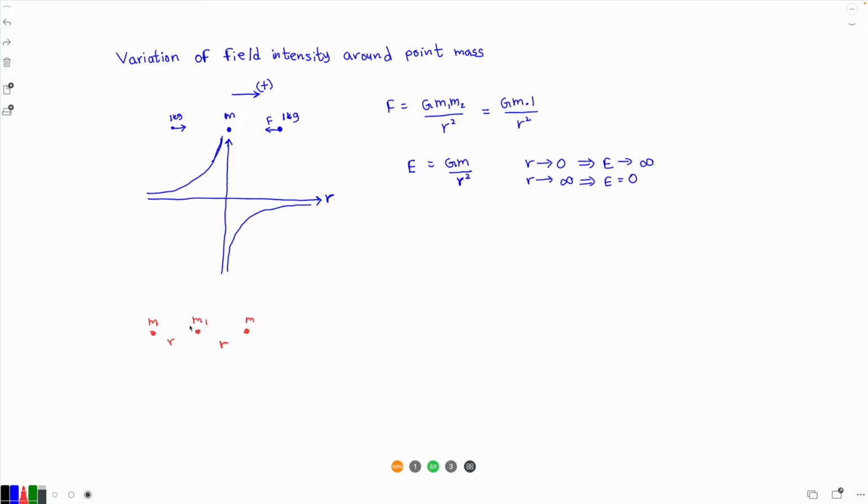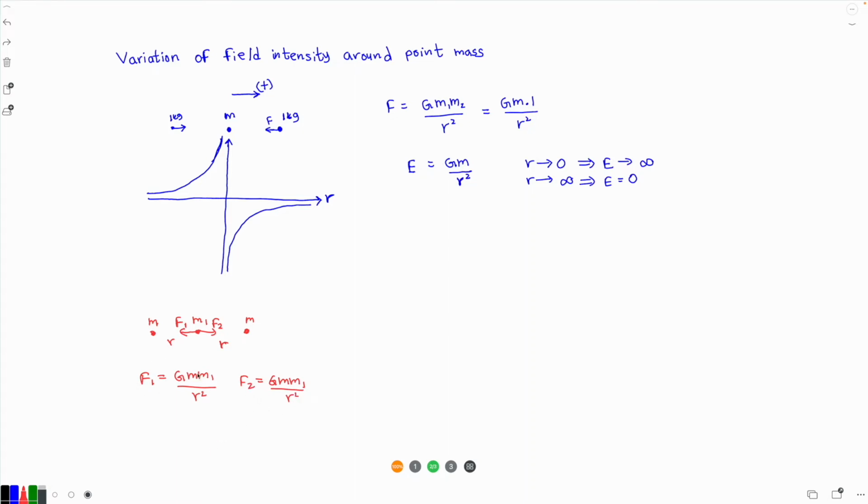Due to the left hand side mass, there is a force, and I am going to write it as F1. Due to the right hand side mass, it is F2. I can write F1 as G m m1 divided by r squared, and F2 as G m m1 divided by r squared.